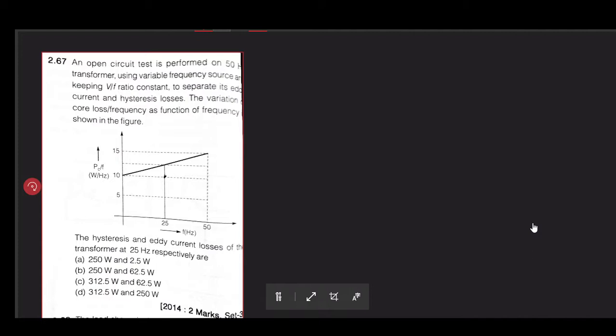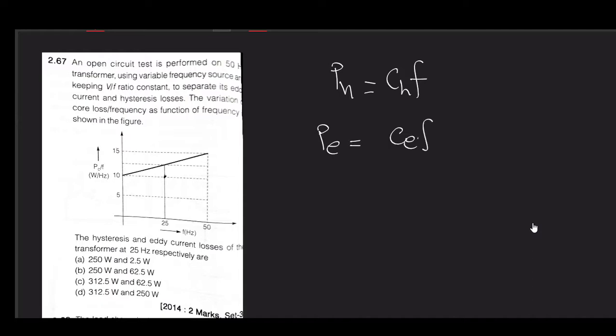Now if that is the case, we have to figure out the separate values of hysteresis and eddy current loss. Here also you can think of it this way: everything is constant, so PH is equal to CH F and PE is equal to CE F square.